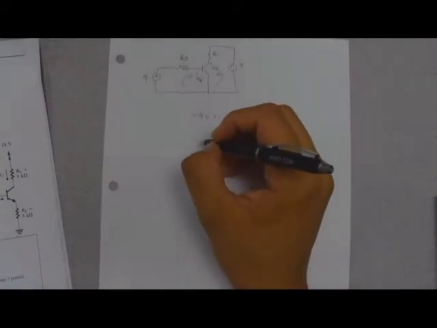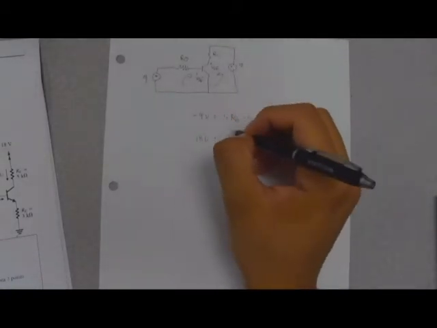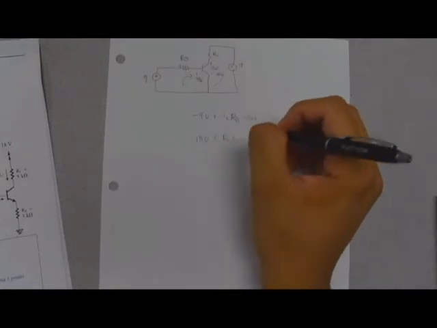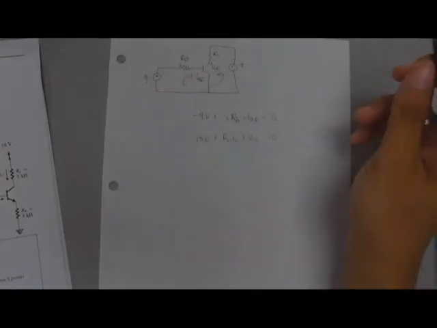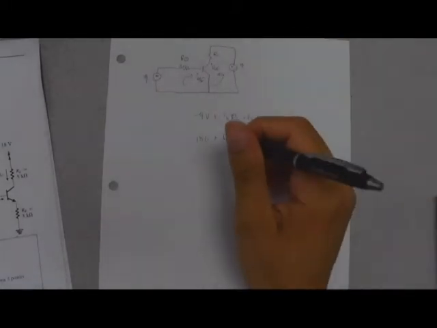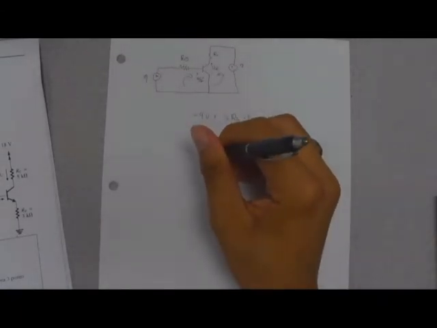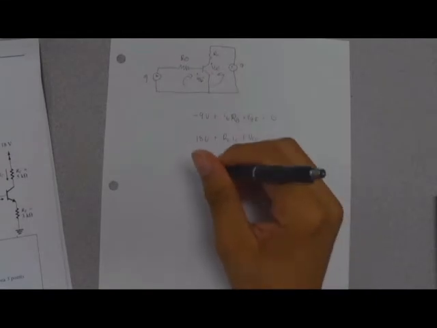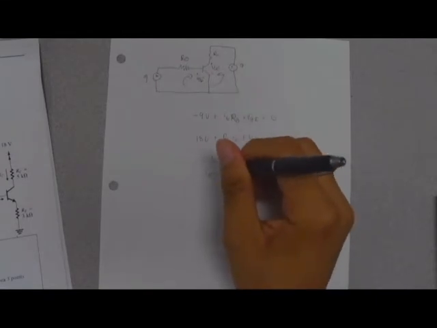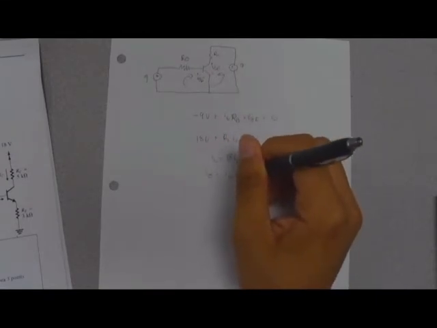You've got minus 18 volts plus RC IC plus VCE is equal to 0. And then, of course, you still have the relationship IC is equal to beta IB, and IE is equal to IC plus IB.